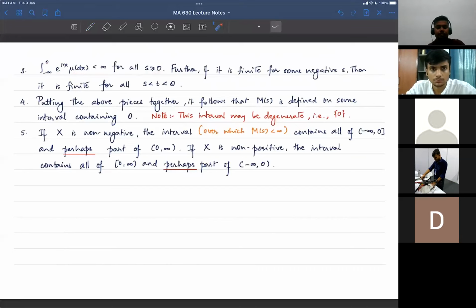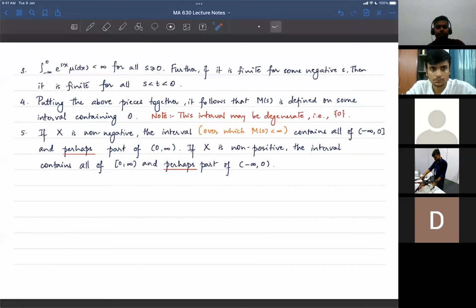I'm integrating from minus infinity to 0, so x has to be negative. If I take any s positive, then sx has to be negative, which means e to the sx cannot be bigger than 1, so this function is dominated above by 1, and mu is a probability measure.